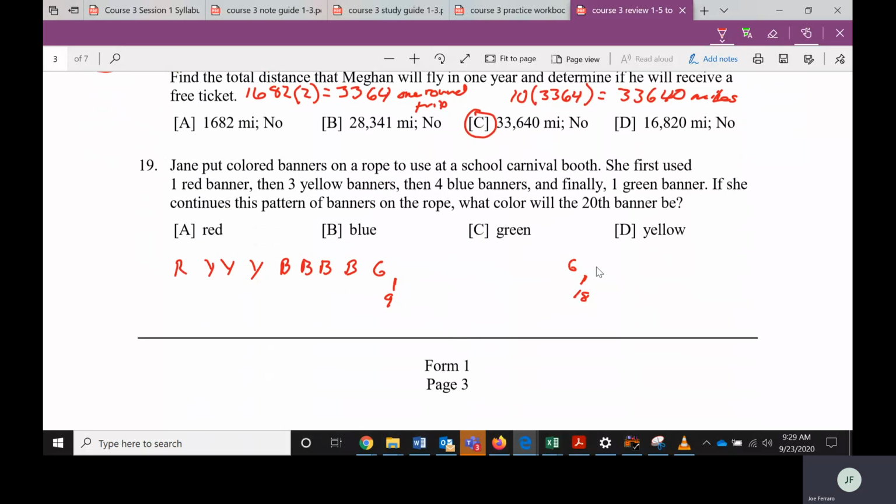Okay, now if she repeats this again, the 19th will be a red, and then she's going to have 3 yellows, and that's where the 20th one will be. So it'll be a yellow. Okay, so that's not even super math. It's just kind of looking at a pattern and figuring that out.